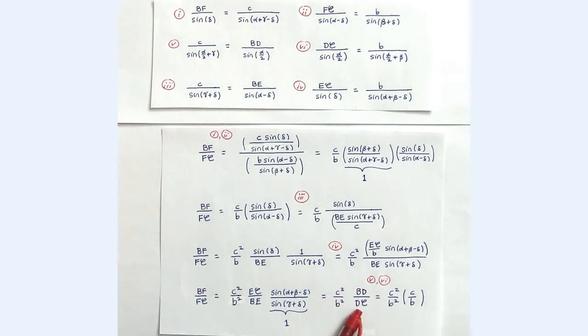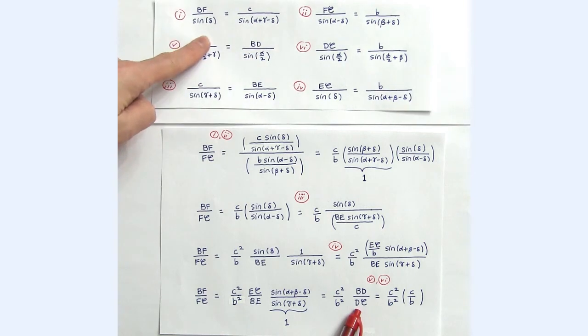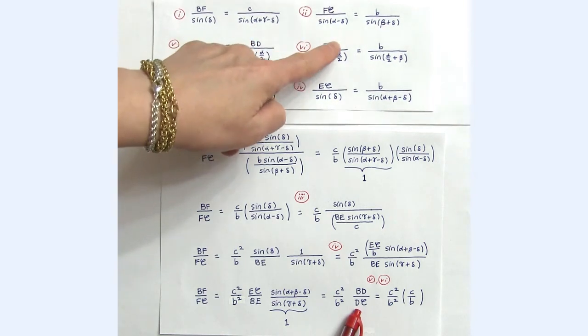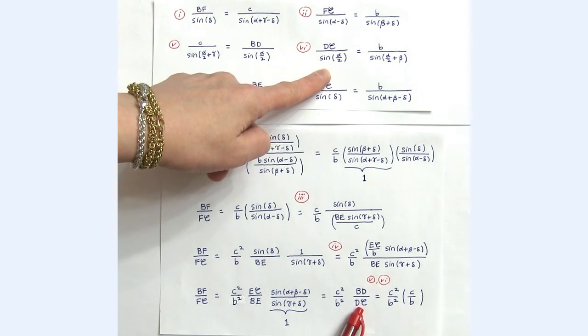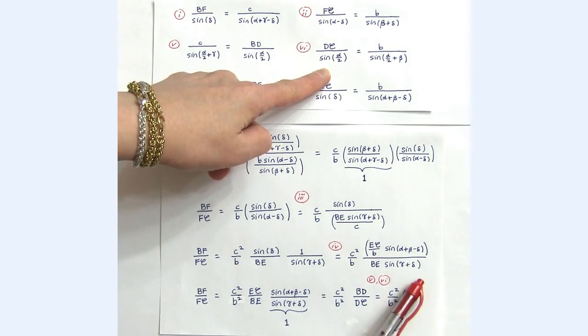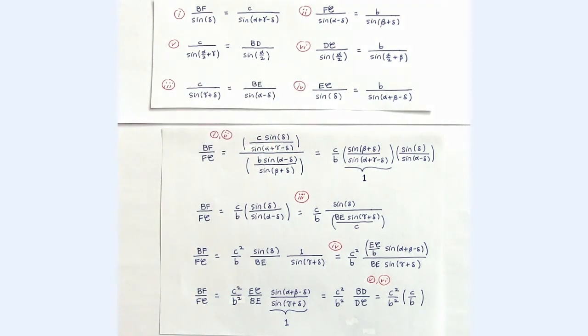So to get BD over DC, I could solve for BD from this equation, and I could solve for DC from this equation, and I would find that BD over DC is indeed equal to C over B. So this alternative solution does give me, again, that the ratio BF over FC is indeed equal to C cubed over B cubed. And the problem is solved.